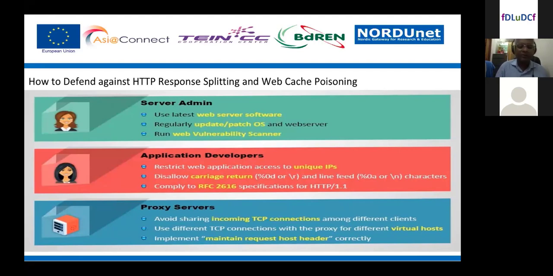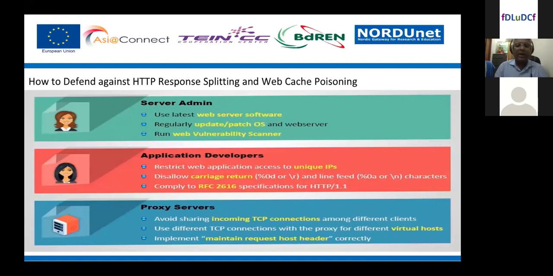And what about the proxy server? In the proxy server, avoid sharing incoming TCP connections among different clients. If there are a few incoming TCP connections, please don't share them with the clients.